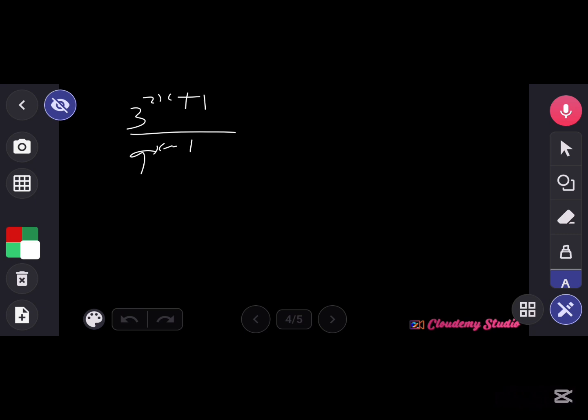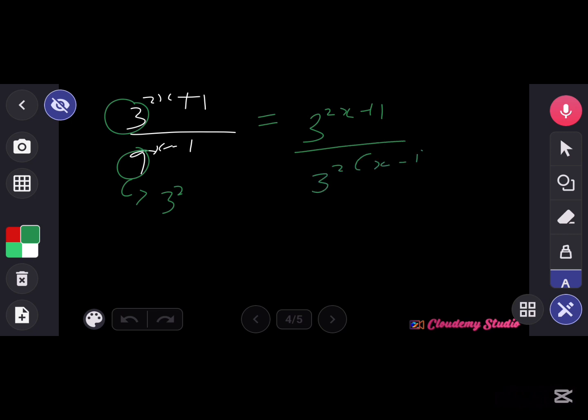What you just have to notice is that we have 9 here, and 9 is the same thing as 3 raised power 2. Which means we can write this as 3 raised power 2x plus 1 divided by 3 raised power 2 into bracket x minus 1.